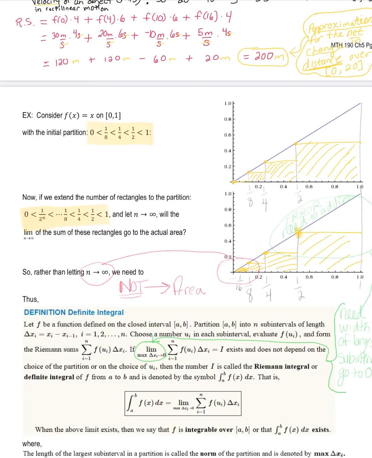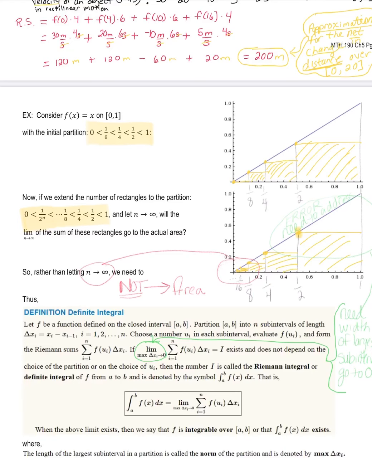As we think about this, if given a choice, we will default back to equal widths. But the more general definition of what we're now going to be defining as the definite integral is going to be letting, in the most general way, the width of the largest subinterval go to 0.